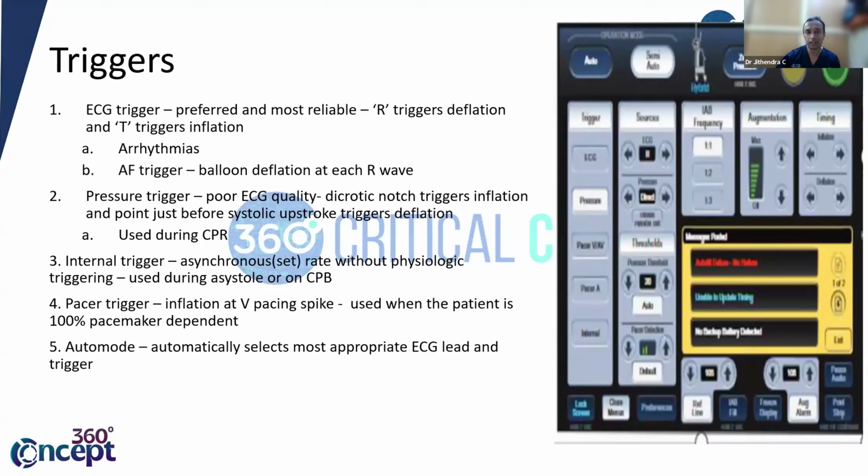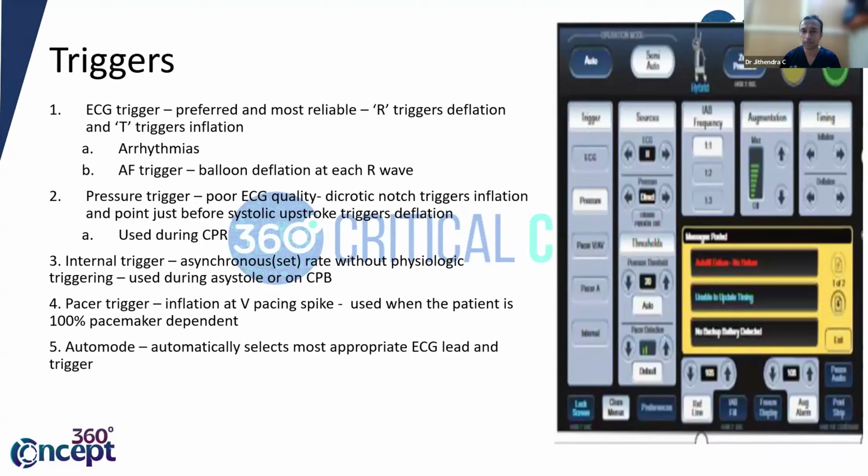You can change to other triggers like the pressure trigger, or you can change to a trigger called the AF trigger, which is there in some of the newer machines. It will just support the patient at every R wave. Say the rate is 180, at every R wave it will start supporting the patient. Okay, no need to panic about it. Even if the rhythm is abnormal, it will still support the patient.